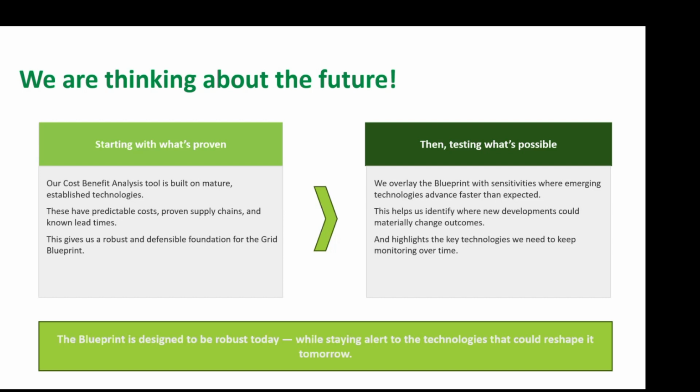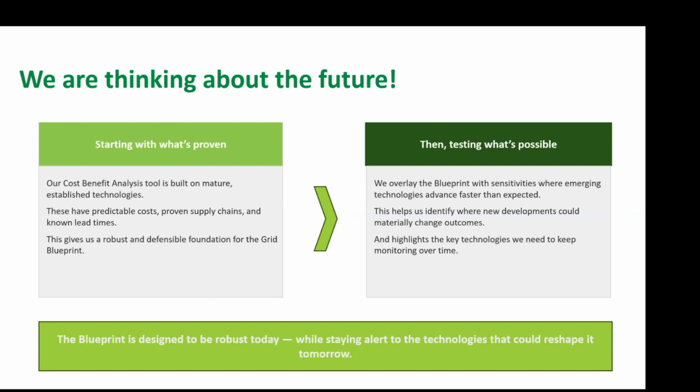This is the reason why it's important to start there, because these technologies have predictable costs, proven supply chains, and known lead times.